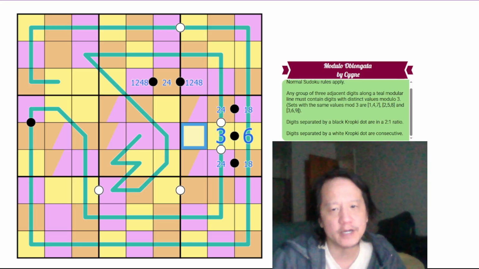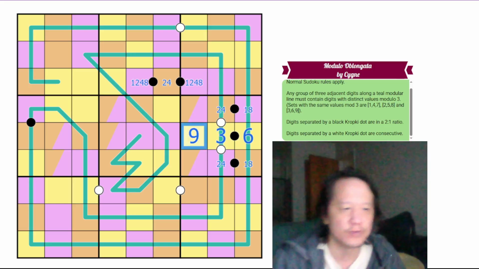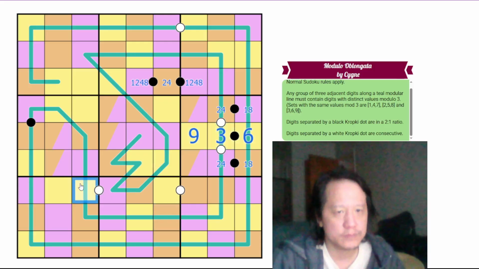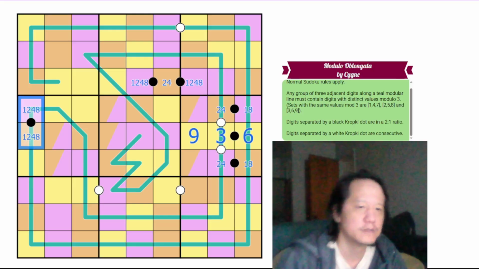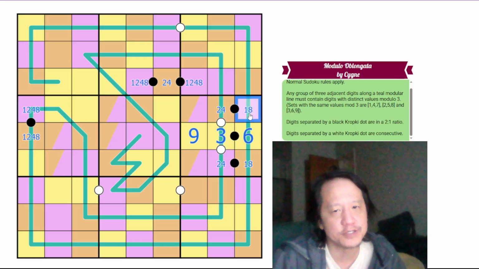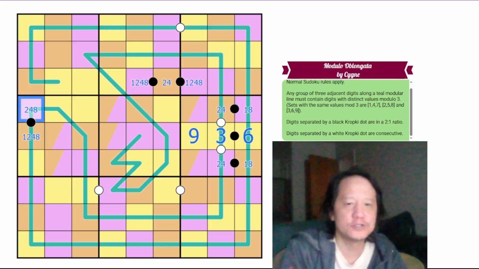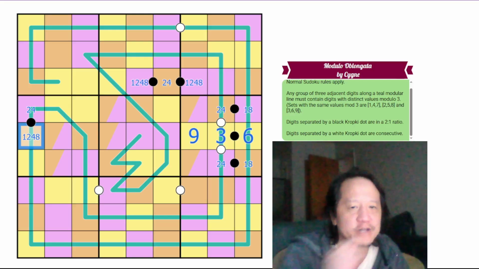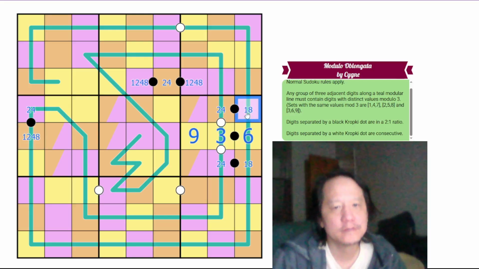This has to be a 9 as the last 0 mod 3 in the row. This is again 1, 2, 4, and 8. This cannot be, though, this is pink, so it cannot be 1 or 8 to match this one. So this is 2 or the other. This is the pink 2 or 4, which is matching with, could be 2 or 4 here too. So that's fine.